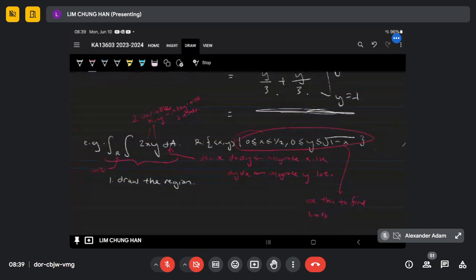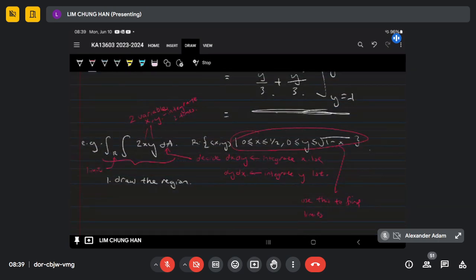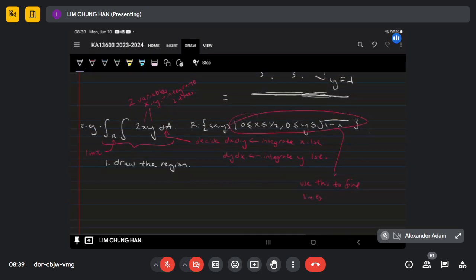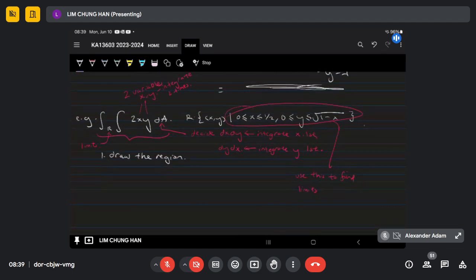So, as always, we have to start by drawing the region. Without drawing the region, you are not going to know what the limits are. Some of you may come and say, actually, sir, I know what the limit is, because here, x is 0 to half, y is 0 to square root of x.